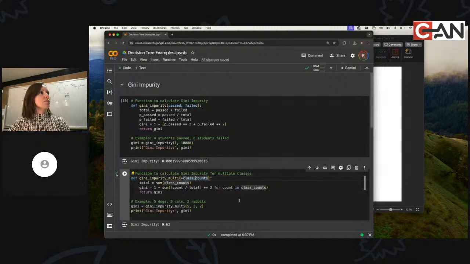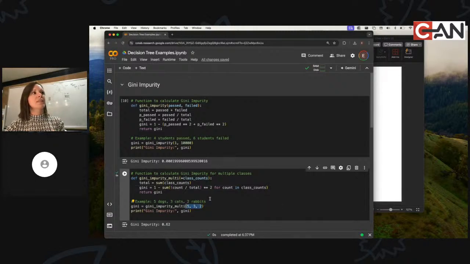You can essentially generalize all of that here, and instead just pass in our class counts, and we can sum that, and then we can take the count over the total to the power of 2 for count in our class counts. So we can loop over a list here.